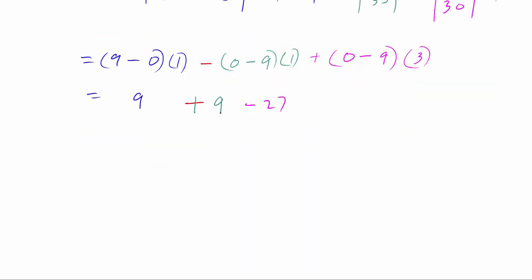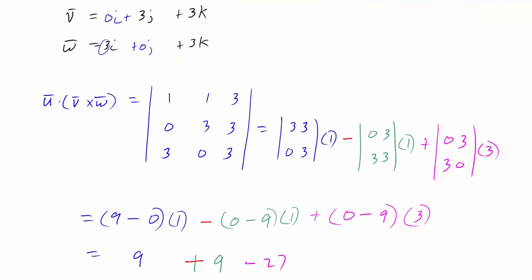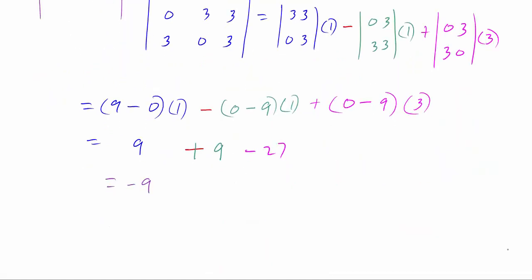And we can see here that we would get 18 minus 27, which would be equal to a negative 9. But remember, we need to find the absolute value to find the volume. So the absolute value of this would be equal to a positive 9.